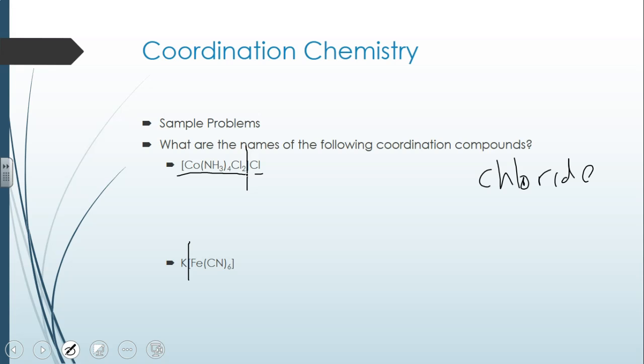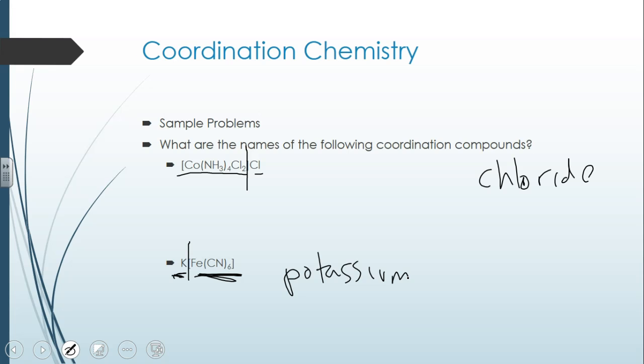Again, this is an ionic compound, but you have the complex ion here that's going to be the challenge to name. This one is going to start with potassium, and then we're going to name the complex ion afterwards. So it's really naming these complex ions that's going to be the challenge.